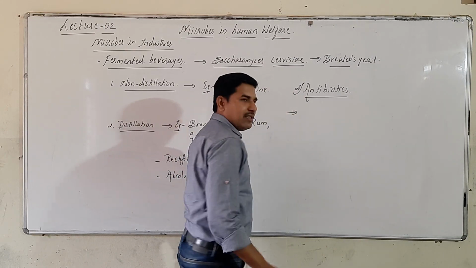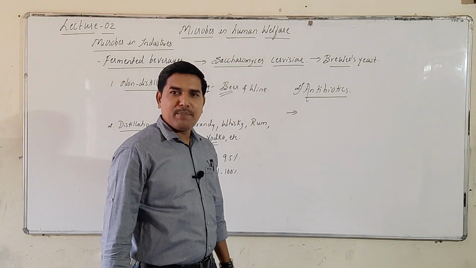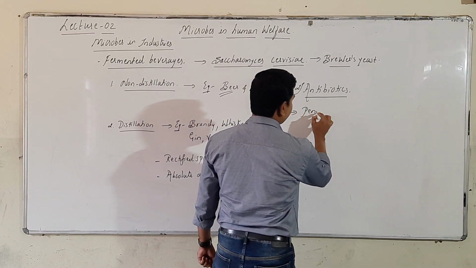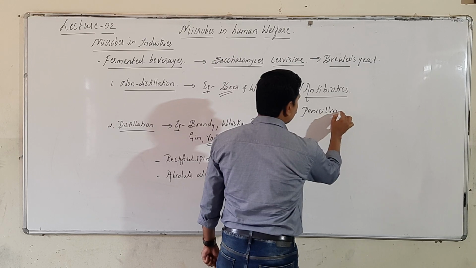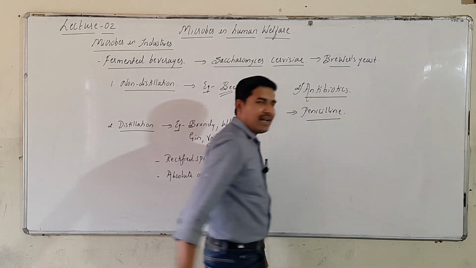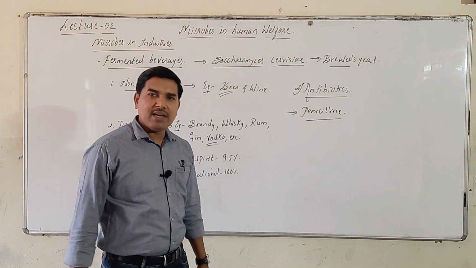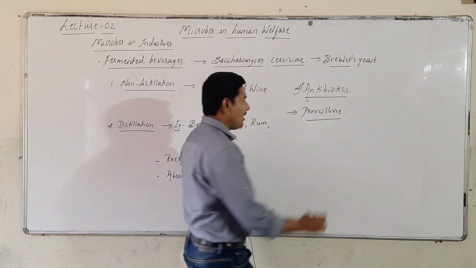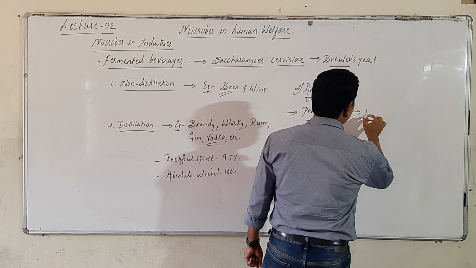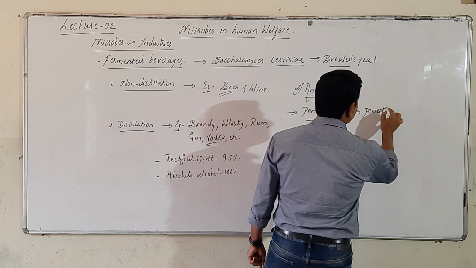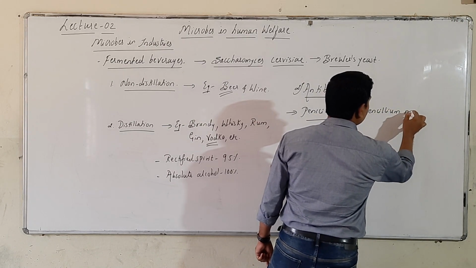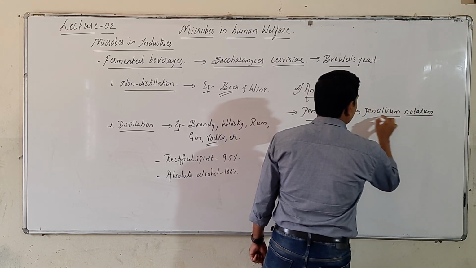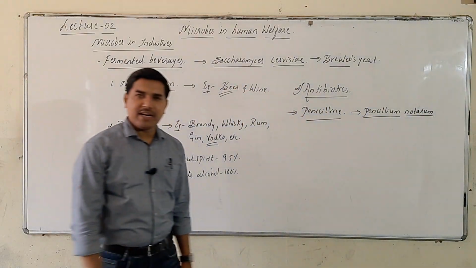The first antibiotic that was produced was penicillin, and it was produced from a fungus, whose name is Penicillium notatum.